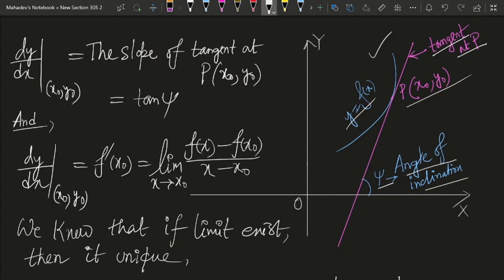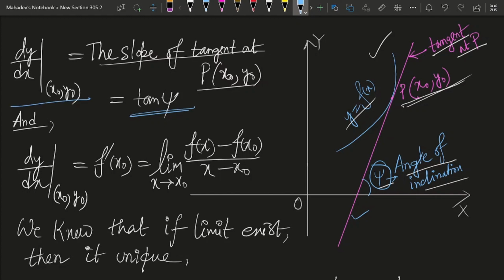Now differentiability is nothing but the slope of the tangent at P(x naught, y naught). As psi is the angle of inclination of this tangent, tan psi is the slope. So dy/dx at (x naught, y naught) is nothing but tan psi.